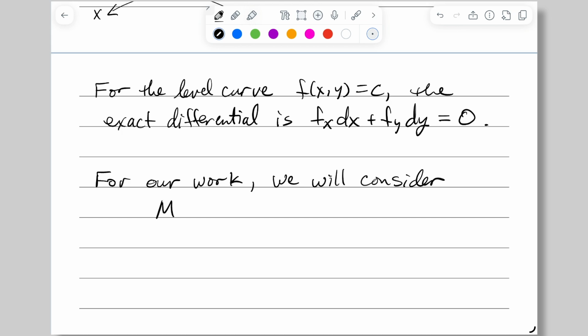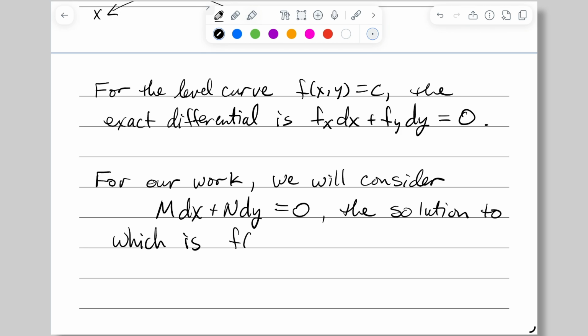We're going to consider M dx plus N dy is equal to 0, the solution to which is f of x, y equals c. In other words, we're looking for the function f of x, y that belongs on the left-hand side of that level curve equation. Now it's useful to note that our author, instead of using f_x, is using M, and instead of using f_y, is using N.